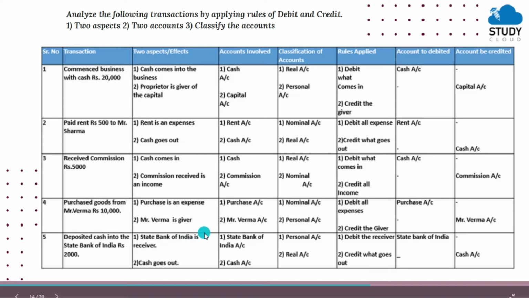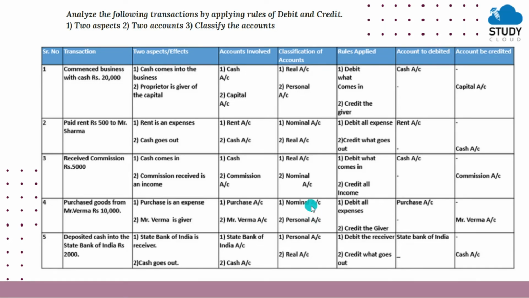So in credit transaction, name of the person should be written. So purchase is an expense and Mr. Verma is a giver. Two accounts involved in this transaction. One is purchase account and next is Mr. Verma account. Purchase is an expense for the business because you are paying the amount, so it is a part of nominal account. Mr. Verma is the name of a person, so it is personal account.